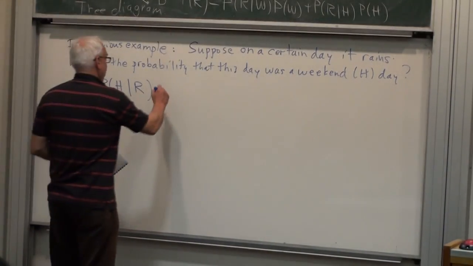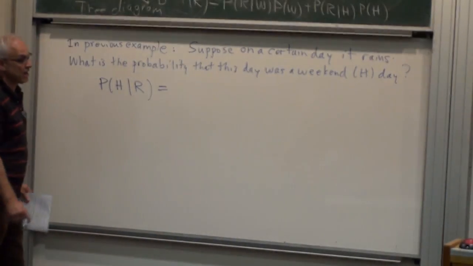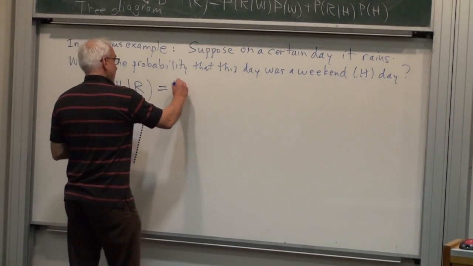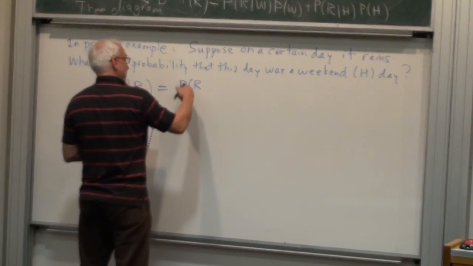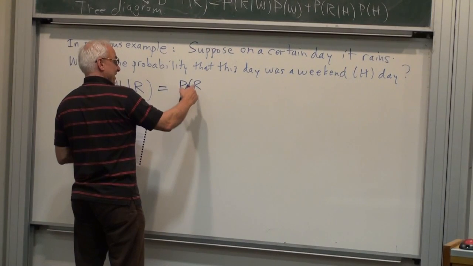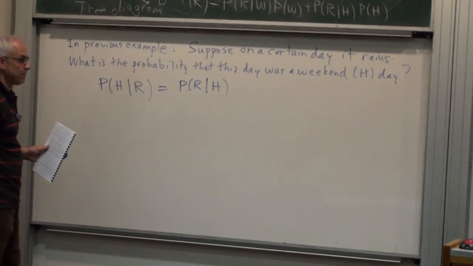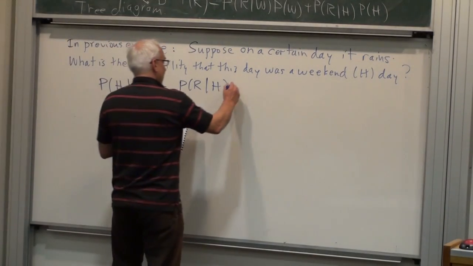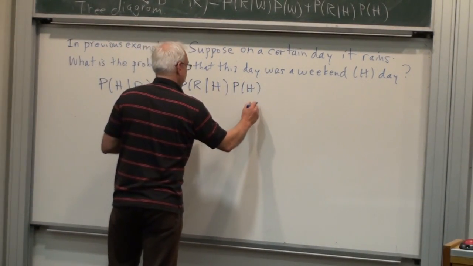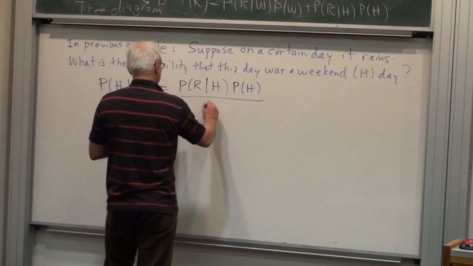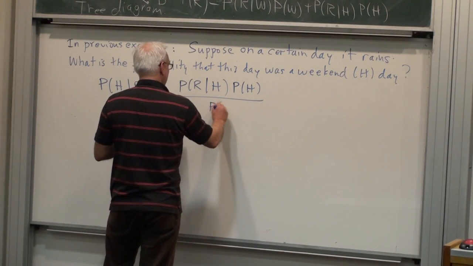Well, according to the Bayes rule, in the simplified form, this is the conditional probability that it rains given that it's a home day, so we reverse these things, times the probability of the home day, divided by the probability of the rainy day.